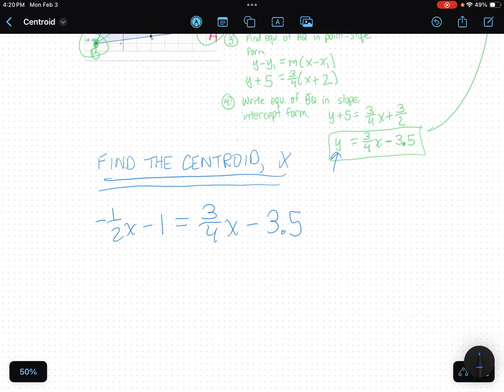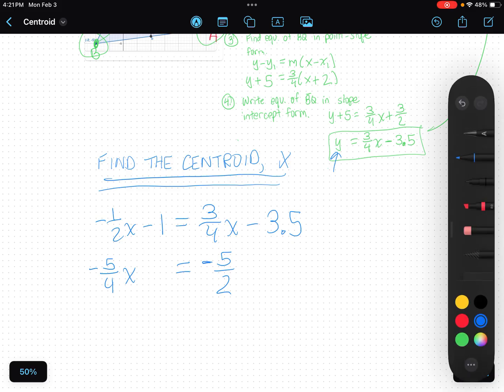You have options here. I'm going to subtract 3/4 x from both sides and keep it as a fraction. That's going to give me some form of 1 1/4 or 1.25, whichever form you choose. I'm going to keep it as an improper fraction, mostly because I want to be cool in the next step and multiply by the reciprocal. Adding 1 to both sides gives me negative 2.5. But again, knowing that I'm going to multiply by the reciprocal in the next step, I'm going to write my negative 2.5 as an improper fraction, which happens to be negative 5/2.